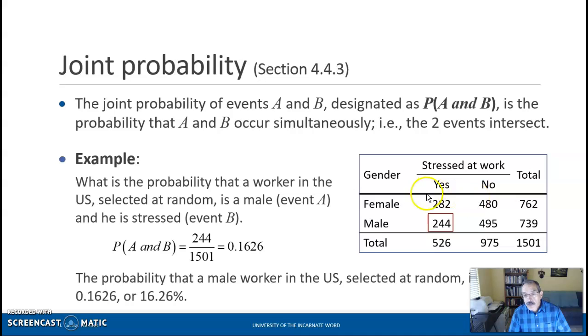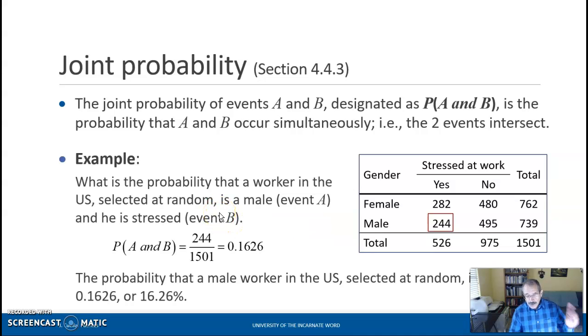Now, there are 4 possible joint probabilities: female and stress, female and not stress, male and stress, the one we just calculated, and male and not stress. So again, if you are presented with this table, you could be asked to calculate any of these 4 joint probabilities.